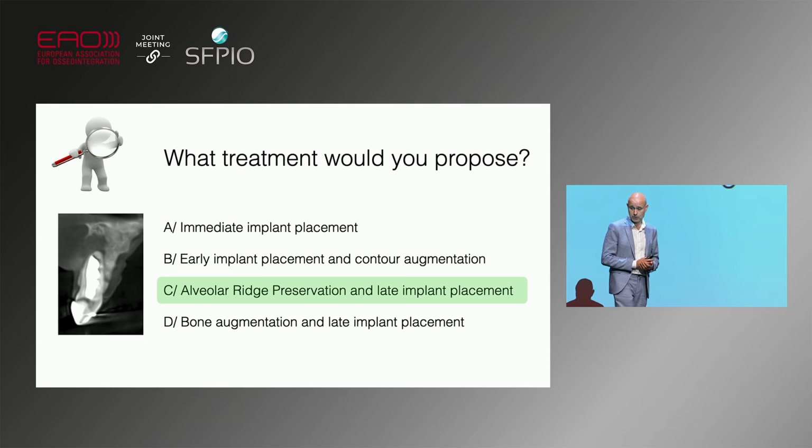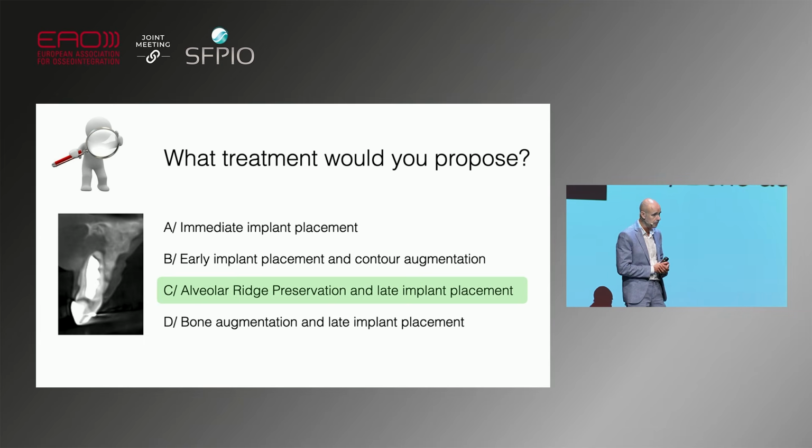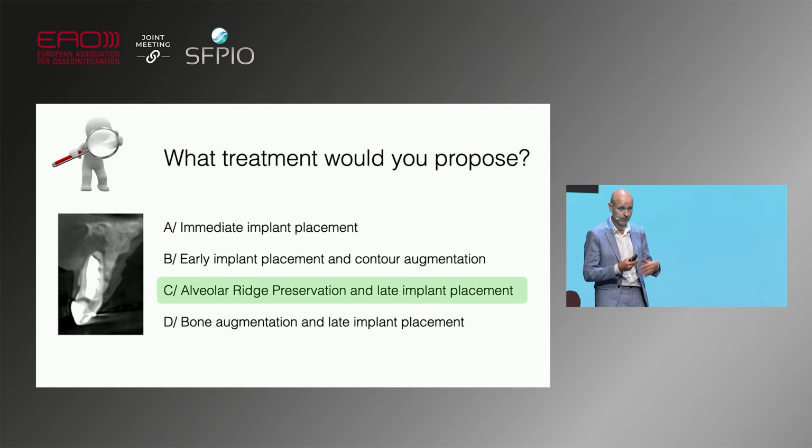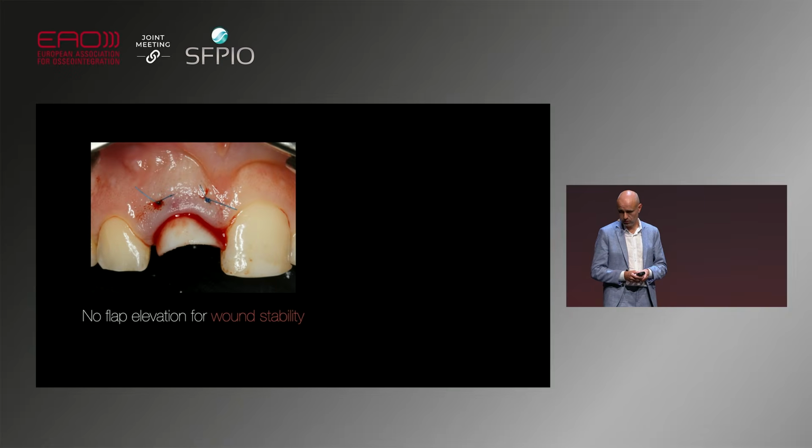And to some degree, it also applies to early implant placement, because 4 to 8 weeks later, there will be minimal bone formation. So the implant placement itself will not be much easier then, and we could have the same problems in the end. So what we did is a minimally invasive approach.